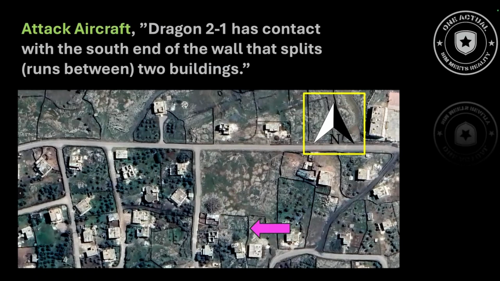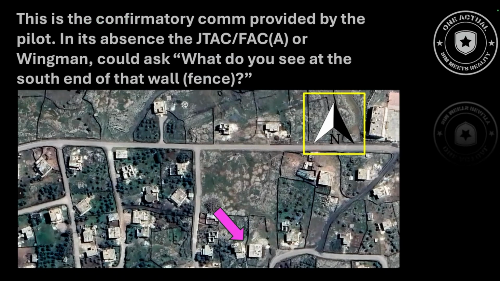So he calls contact and furthers it and says, look, I see that this wall runs south and splits between two buildings. So this is him adding a confirmatory question to the statement saying, yeah, I got your wall, confirming that when it runs south, there's two buildings that splits. And he's like, yep. So now you're talked on to this set of buildings.